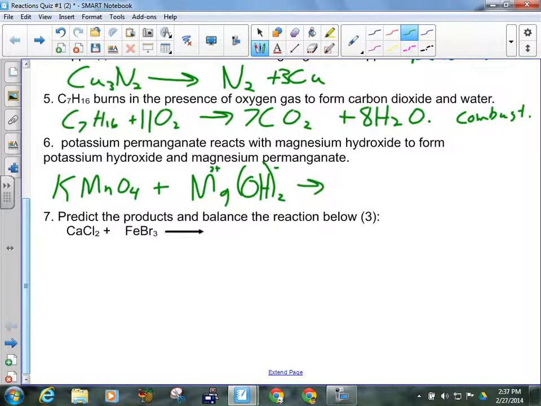Our products are then going to be potassium hydroxide and magnesium permanganate. Okay, 1 mark for that. It's 2 ionic compounds making 2 new ionic compounds. What kind of reaction is that?